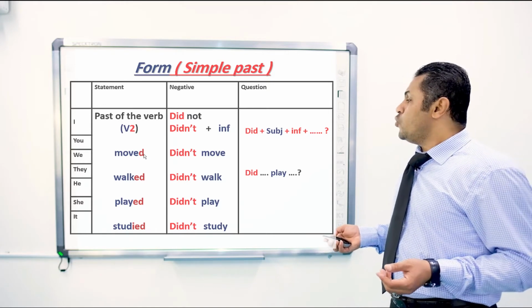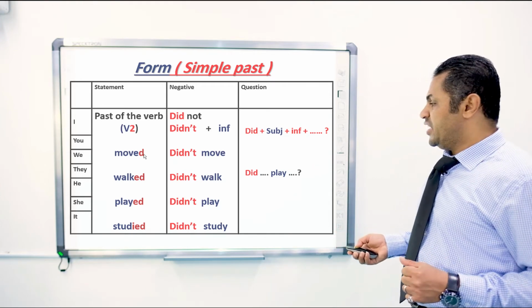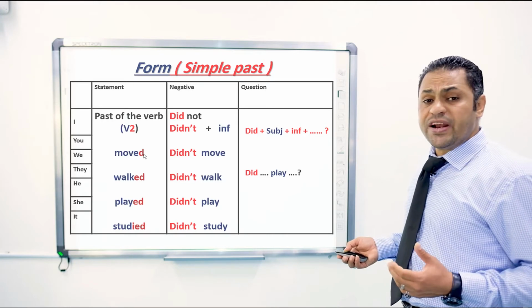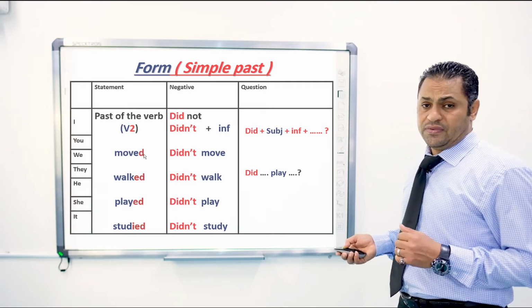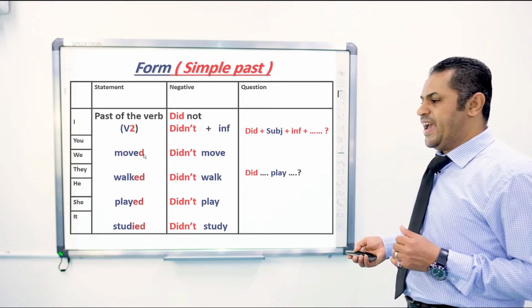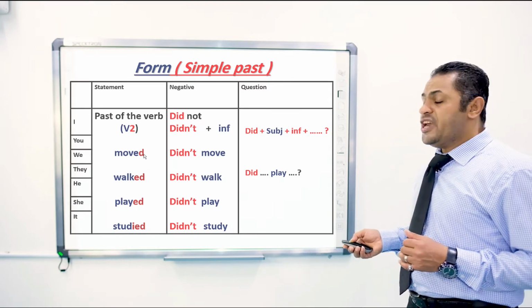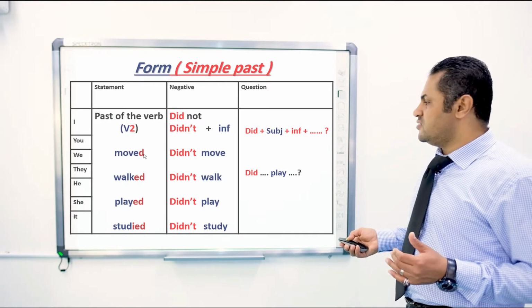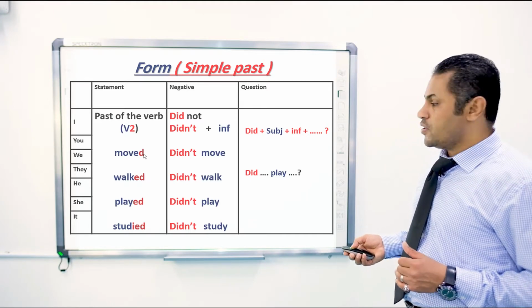Regular verbs: we add D, ED, or IED at the end of regular verbs to get the past, such as moved, walked, played, studied. Here, the verb move ends with E, so we add D at the end of it.